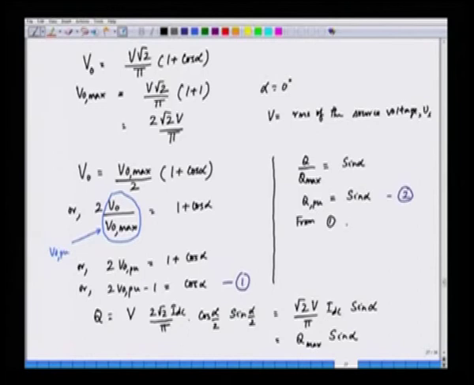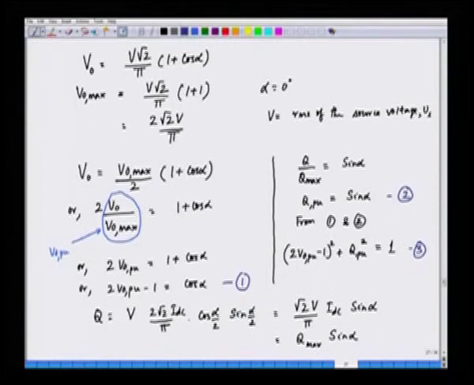from 1 and 2, we can say 2 V naught per unit minus 1 whole square plus Q1 per unit square is equal to 1, and that is equation number 3. So, we know that sin square theta plus cos square theta is 1.